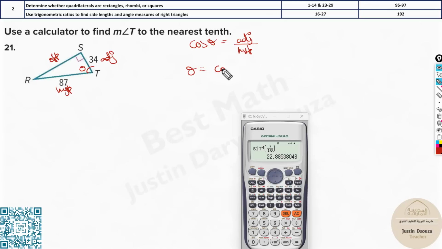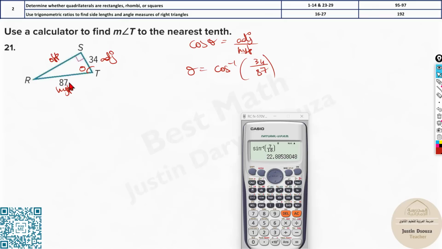So theta will be equal to cos inverse of, adjacent is given as 34 by 87. Now another thing, if you have written these wrong, you will understand: the hypotenuse, no matter what, will be the biggest side. It has to be the biggest side. You understood this is opposite for theta. Now here you have these two sides.